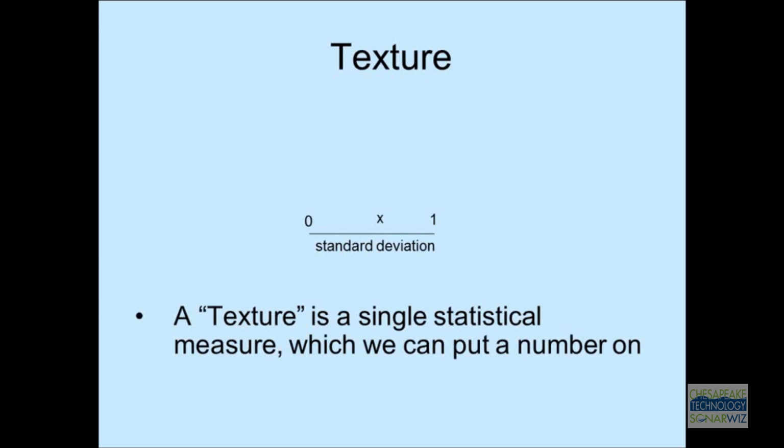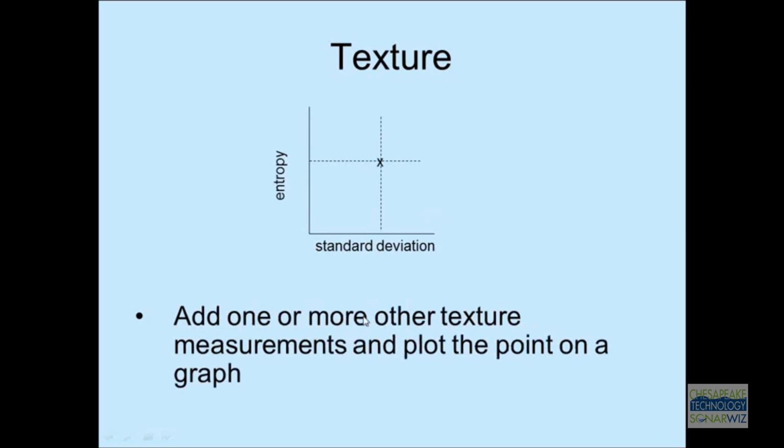If we take just one, let's say standard deviation, and scale the result between 0 and 1, we can draw an X where that is. So we can just put a number on that. If we now take another one, say entropy, and scale that one, we can draw a point on a graph. And we can have more textures, though more than about 6 gets a bit silly.